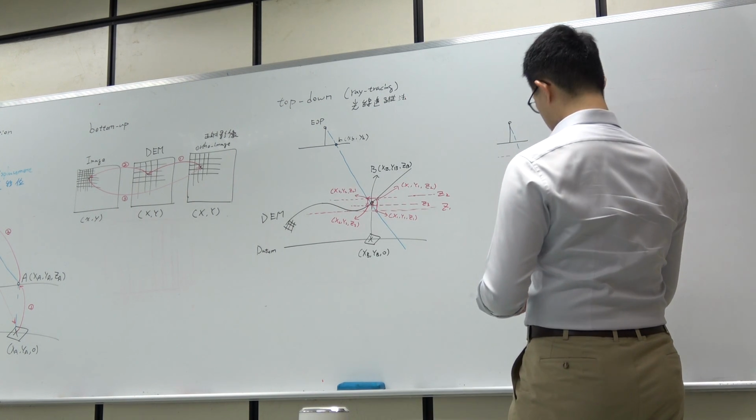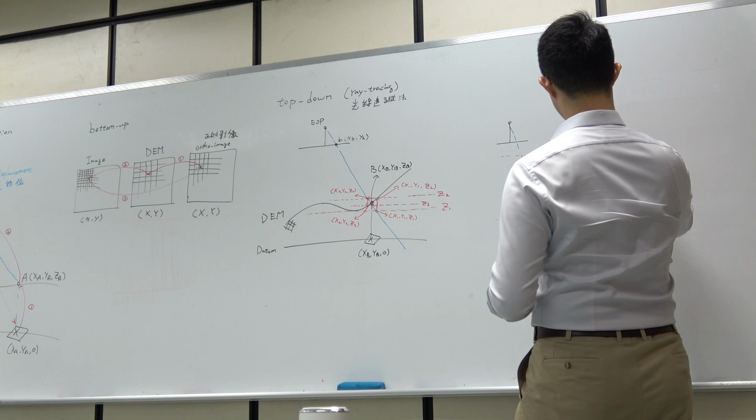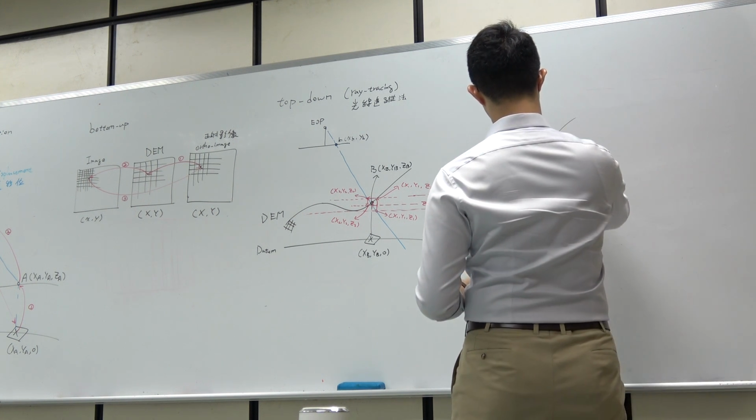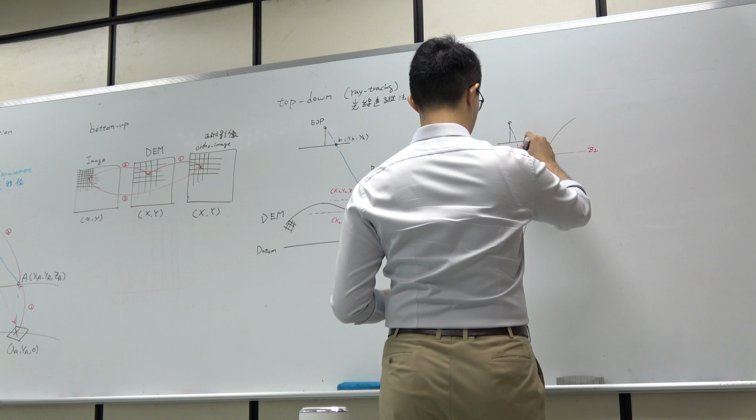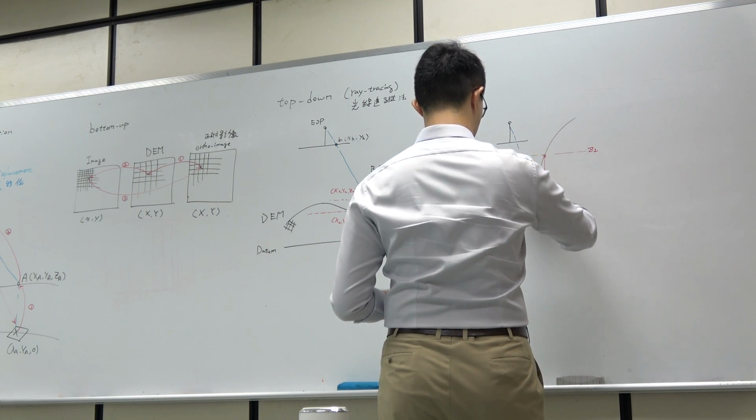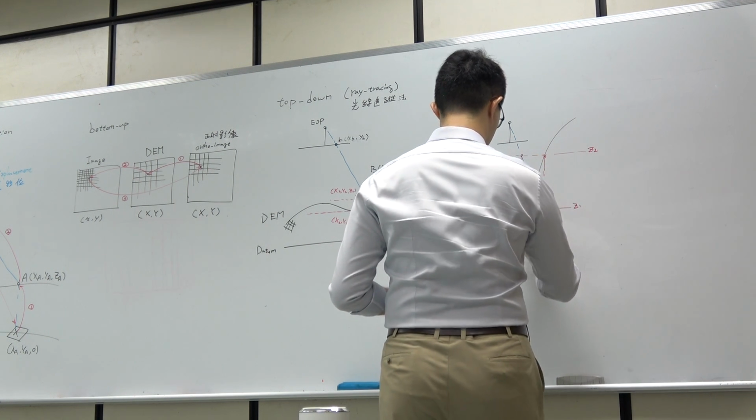Then this will be your second guess, Z2, and intersect over here. And this will go way down to here.